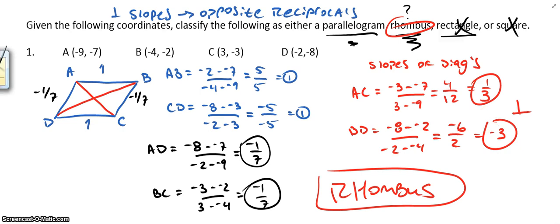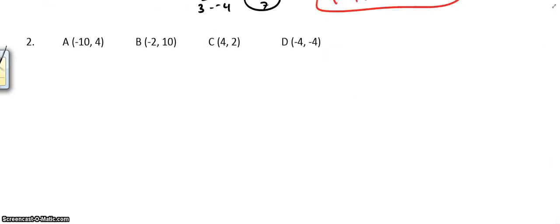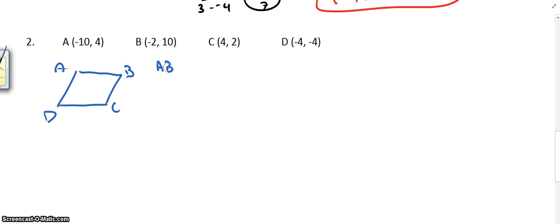I know it's a lot to take in, but let's do another one. Now we're looking at example 2. Let's again draw a quick sketch just to give us a sense of what's happening. A, B, C, D. Let's start with AB.